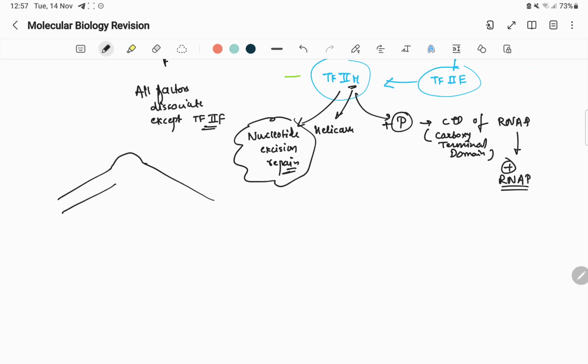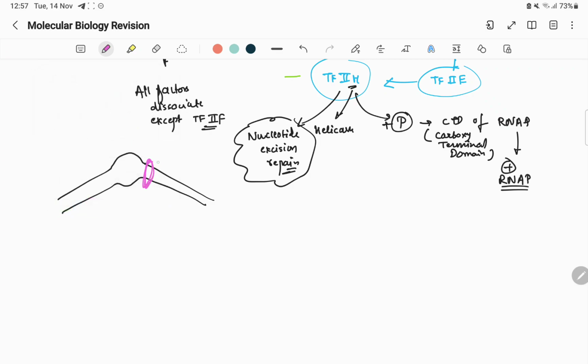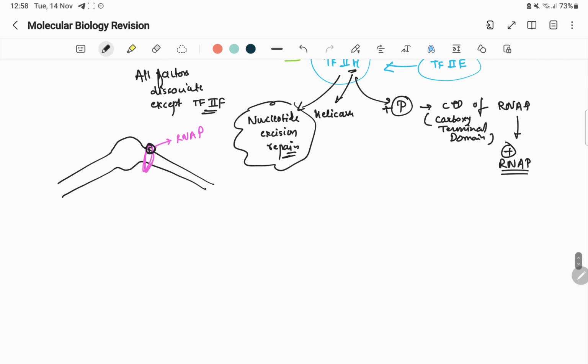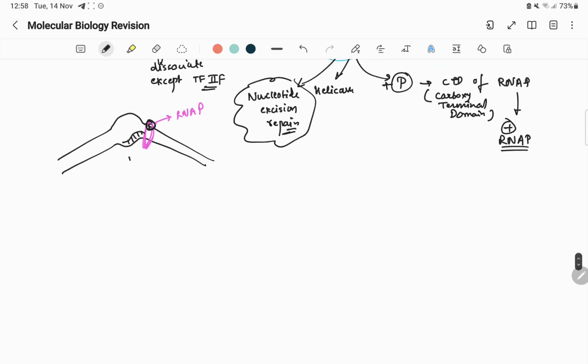So this will look something like this. This will be the RNA polymerase here, and the factor F, which is tightly bound to the RNA polymerase, is present here, and it will start the formation of RNA. Then elongation will occur, after promoter clearance at that stage.